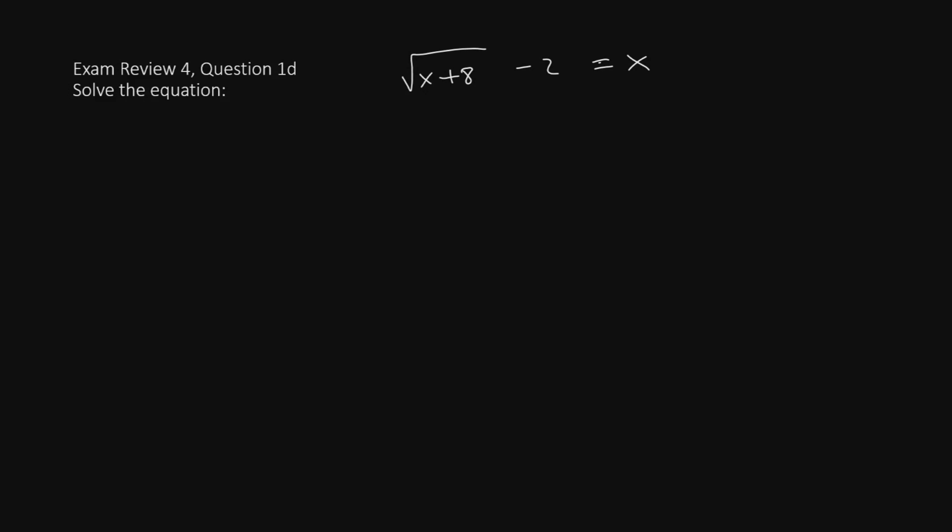This time we'll be doing question 1D, where we're supposed to solve the equation square root of x plus 8 minus 2 equals x. Our first step is going to be to get the square root by itself.